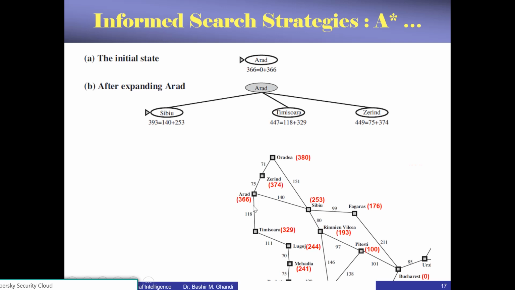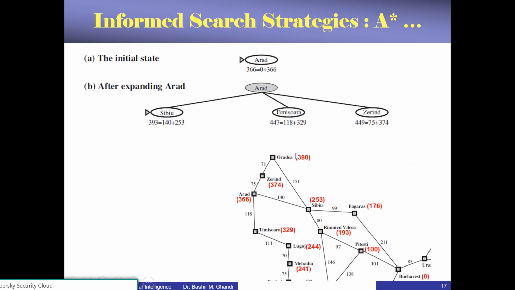And from it, we can reach the three states: Sibiu, Zerind, and Timisoara. Now here, you will add the cost from Arad to Sibiu, which is 140, plus the cost from Sibiu to Bucharest, which is an estimated value of 253. This is the straight line distance from Sibiu to Bucharest. So these two values added give you 393.